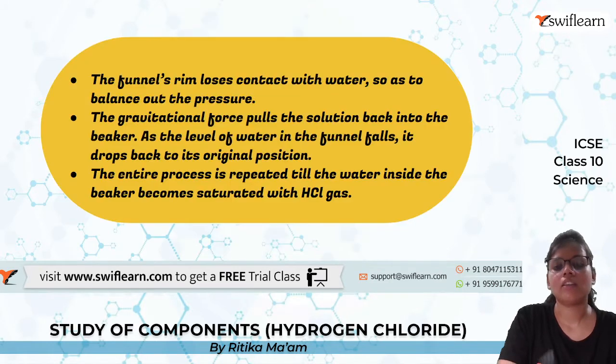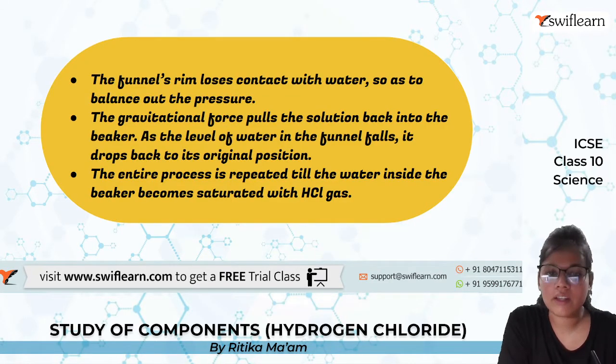Now what happens? The funnel rim loses contact with water. Why? So as to balance out the pressure. And what happens with the gravitational force? It pulls the solution back into the beaker, and as the level of water in the funnel falls, it drops back to its original position.